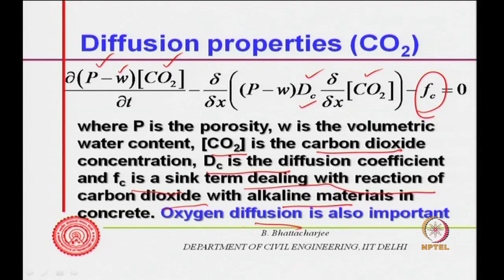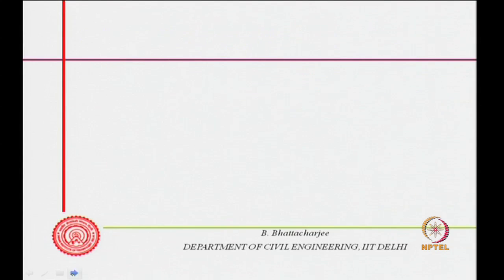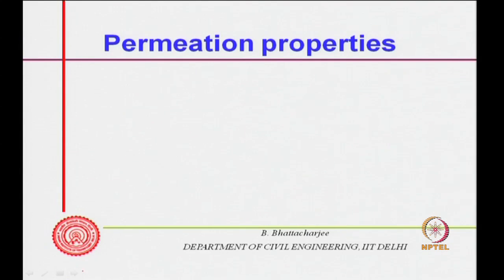So, that is it. Similarly, oxygen diffusion is important if you are trying to model, let us say, the corrosion process, but with corrosion there is much more complexity if one wants to model the rate of corrosion. There will be so many equations involving so many diffusion processes, and also charge balance will be there. So, these are the complications involved in modeling and predicting service life.